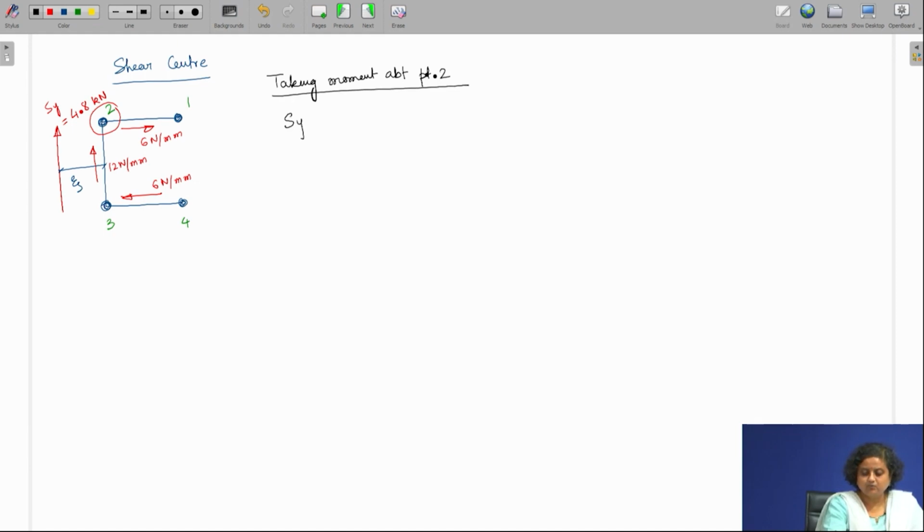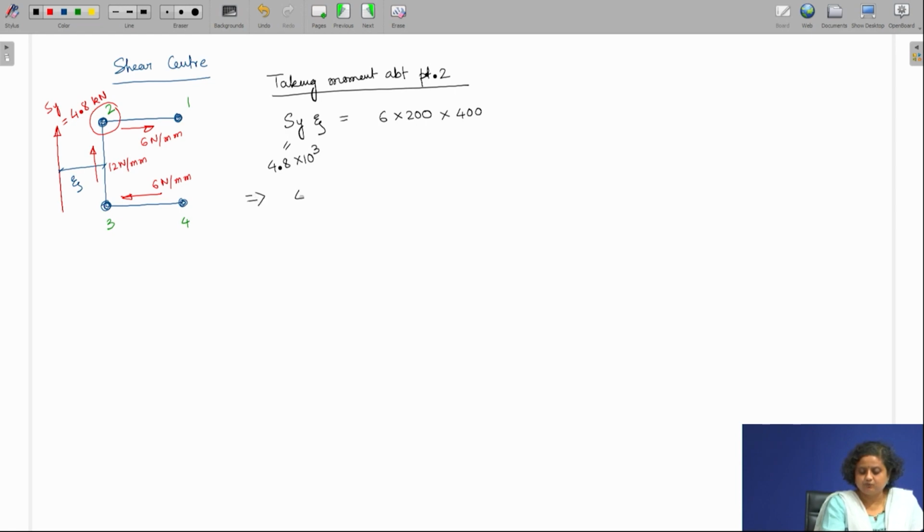We get Sy into zeta is going to be 6 into 200, which is the length, into the moment arm, which is going to be 400. Sy is basically 4.8 into 10 to the power 3.